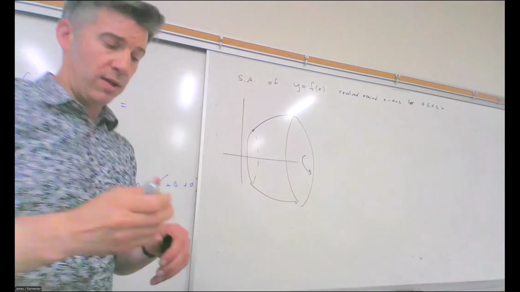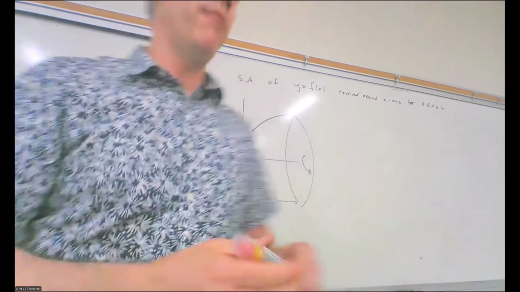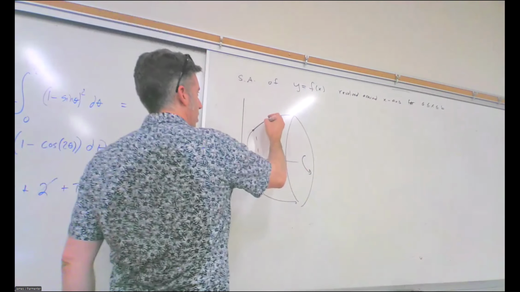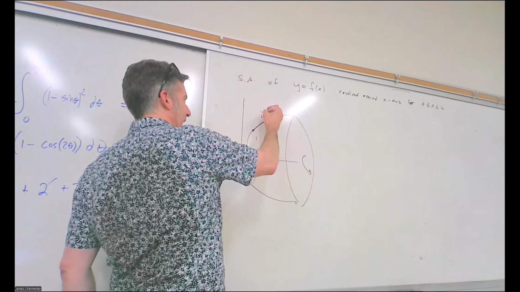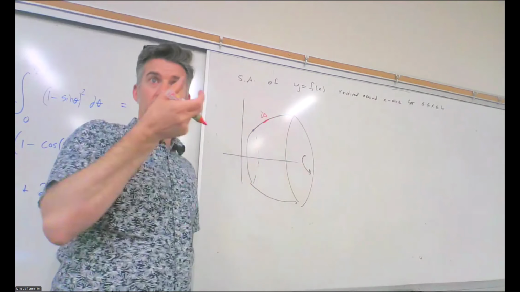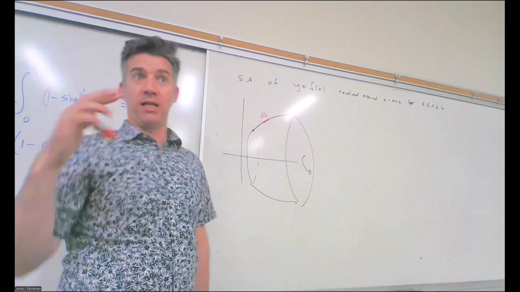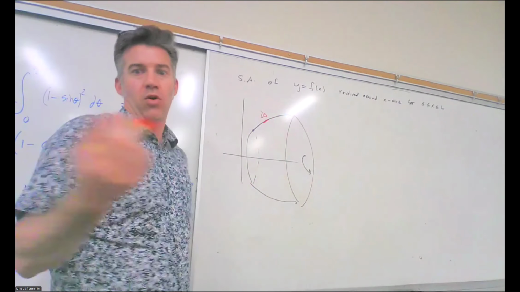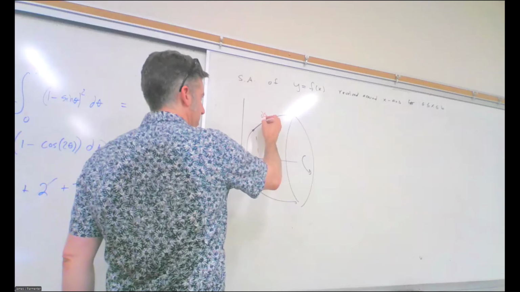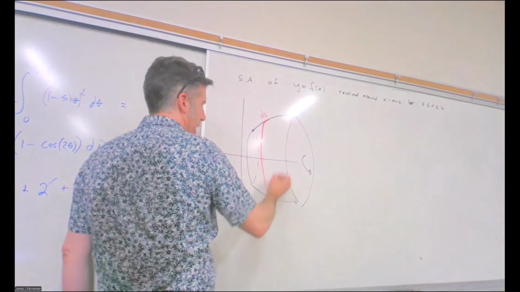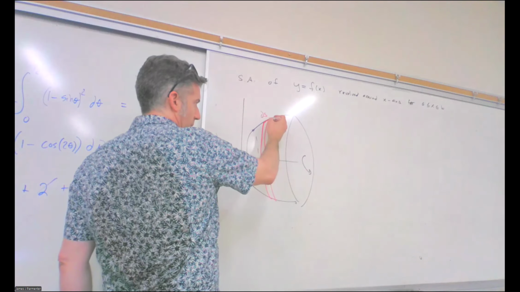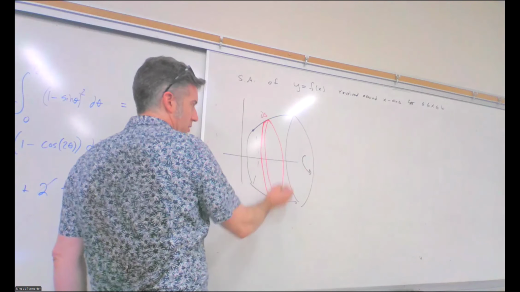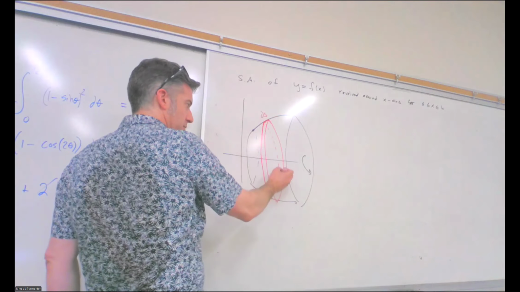What I'm really thinking about when I'm doing a surface area problem is I'm imagining some small little strip which has a length of ds. It's not just a change in x, it's not just a change in y, it's kind of a diagonal change or a curvy change. And you're finding the area of the rubber band that is kind of wrapped around this surface.